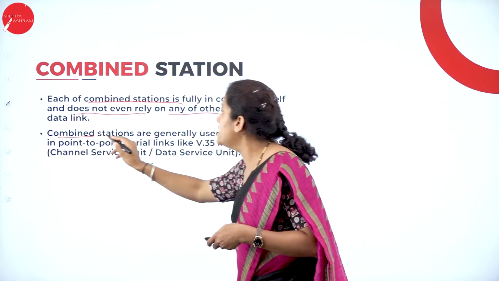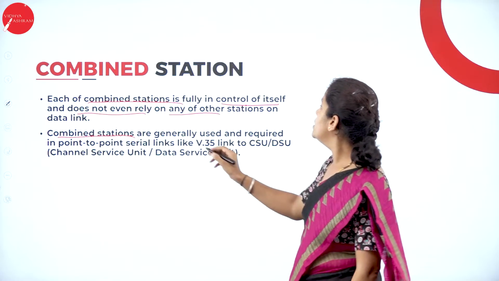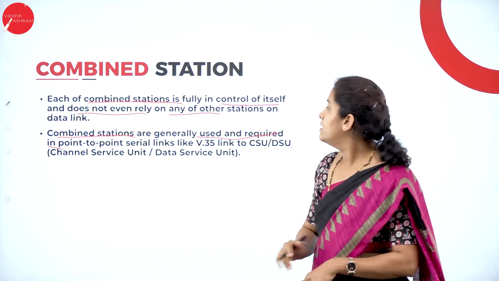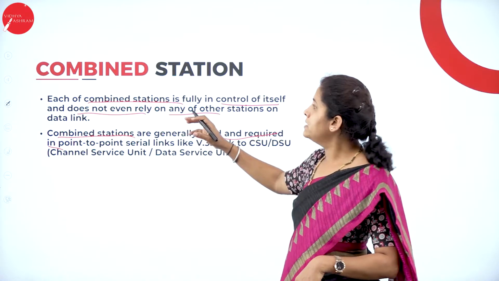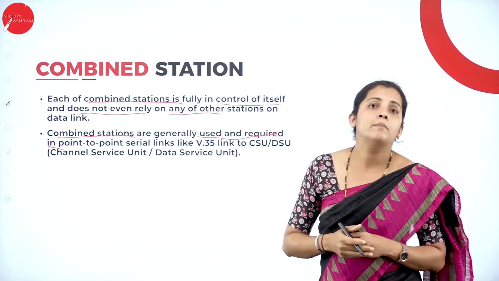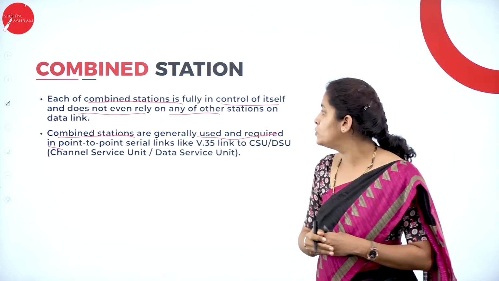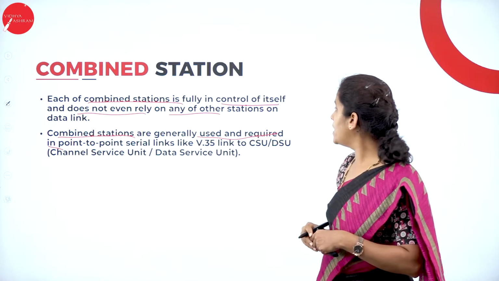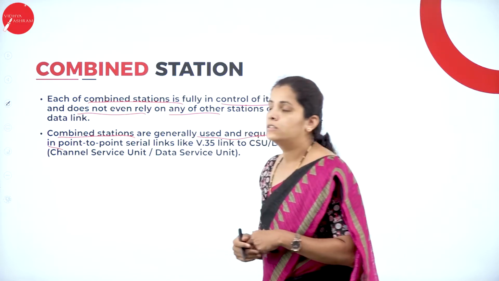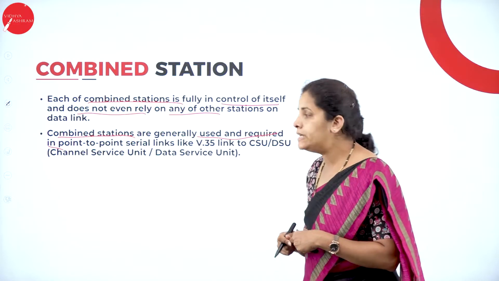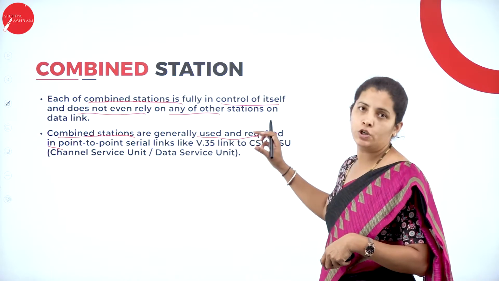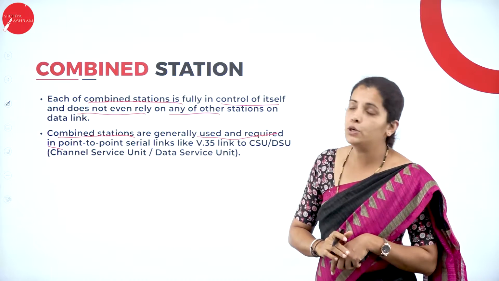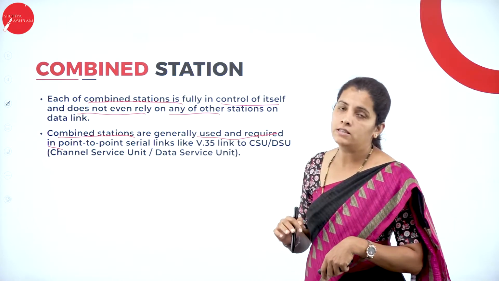So combined stations are generally used in point-to-point serial links, like a V.35 link to a channel service unit or data service unit.